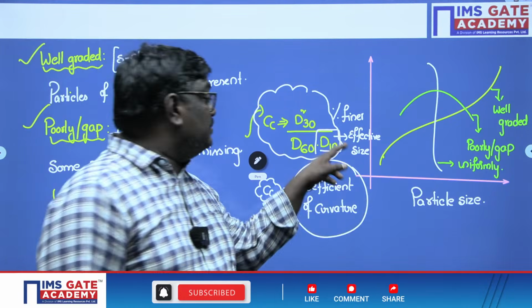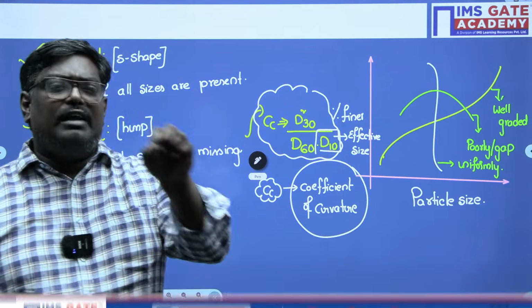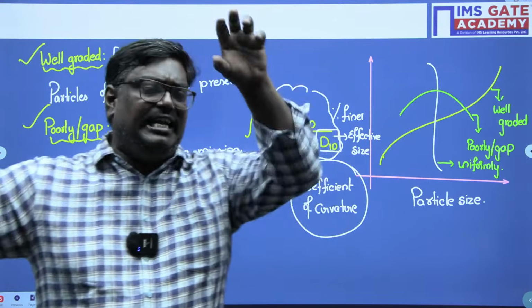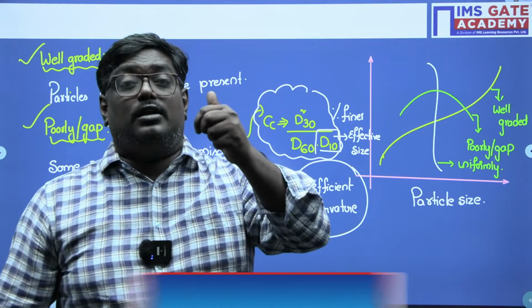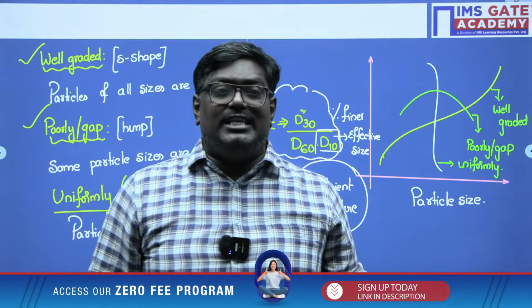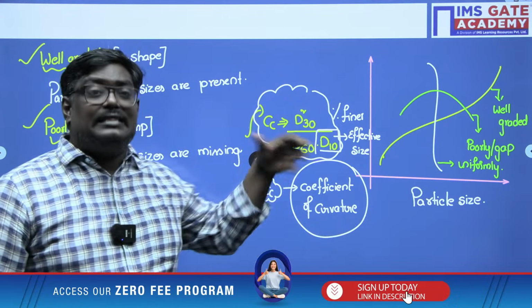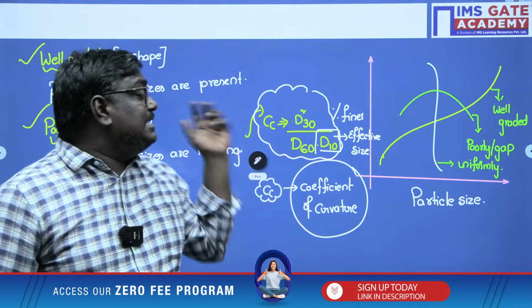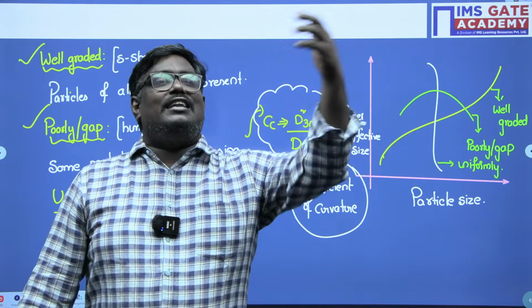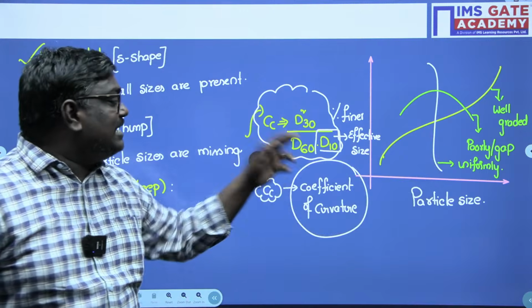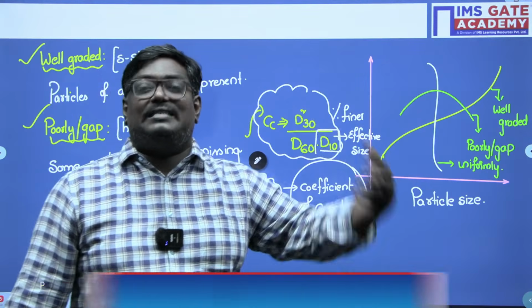Effective size means D10. Whether it is D30, D60, D10 or D20, they are nothing but sieve sizes. In D30, 30% will be passing. In D60, it is the size of the sieve where 60% is passing. And D10 is the size of the sieve where 10% is passing.